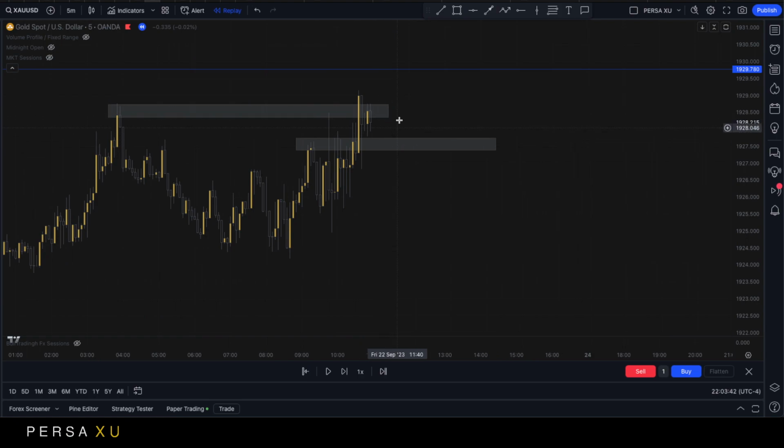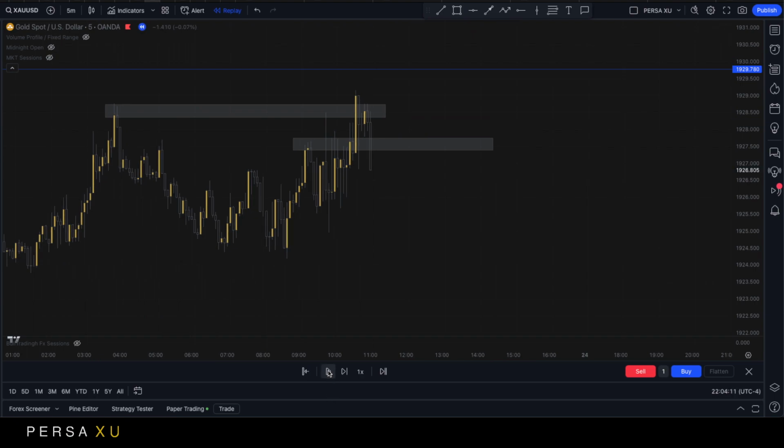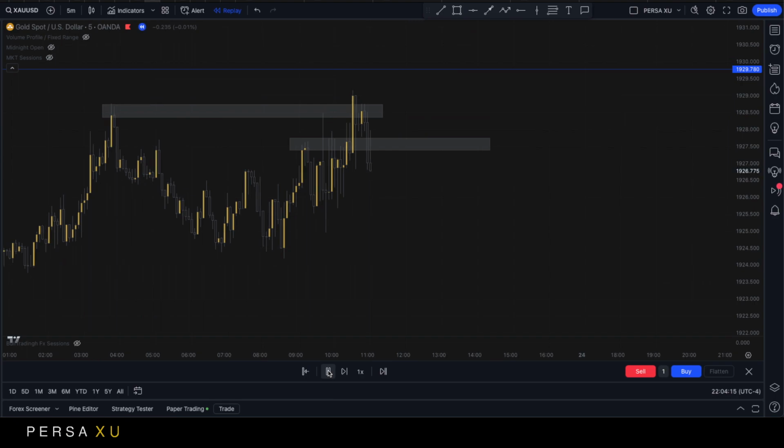It has to stay up here, up here, up here, and eventually break that previous high, and keep behaving that way. If it fails to do so, then I cannot continue to think that it's going to break up, and that's exactly what happens.